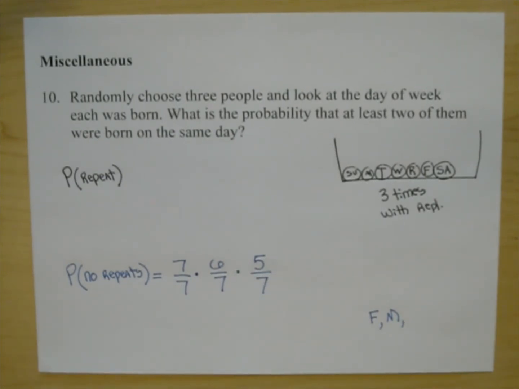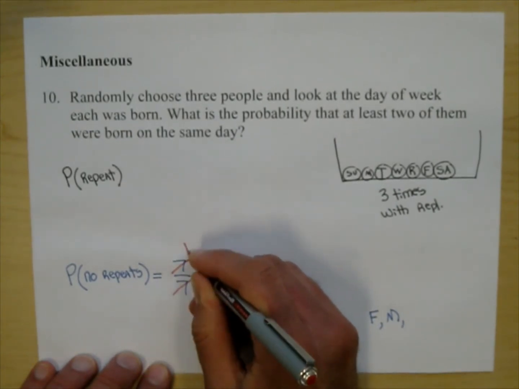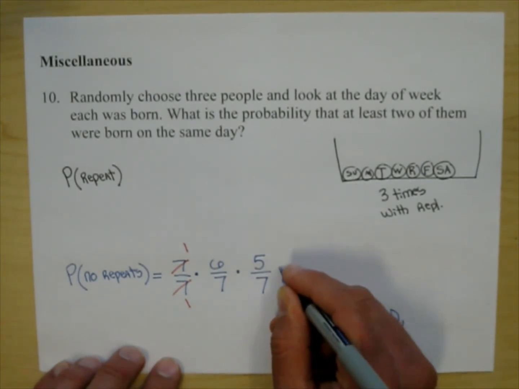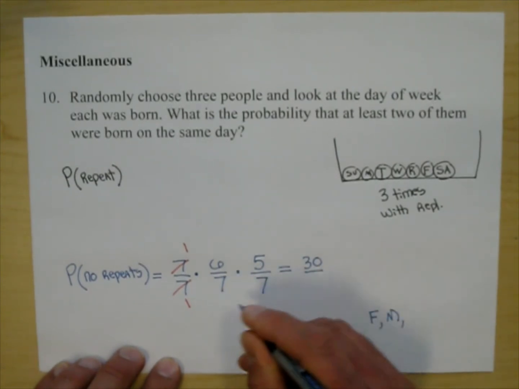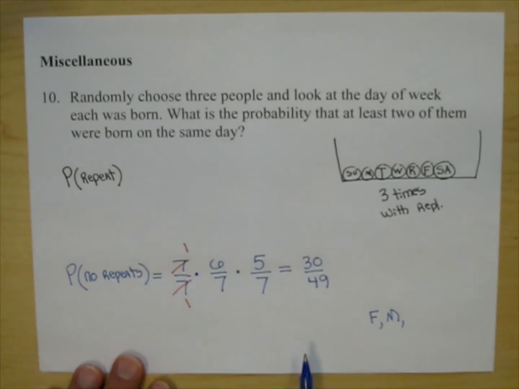We'll reduce our fractions. 7 over 7 becomes 1 over 1. Nothing else reduces or cancels. So I get 30 on the top by going 6 times 5, and on the bottom, 7 times 7 is 49. That's not my final answer, but I'm almost done.